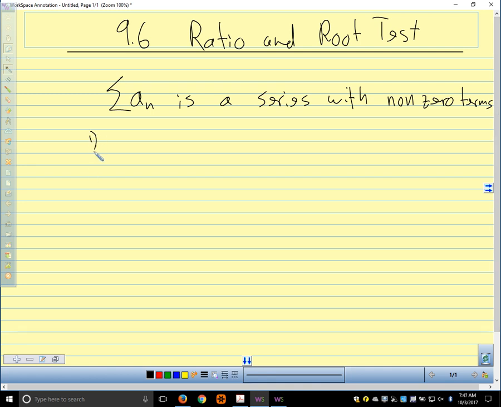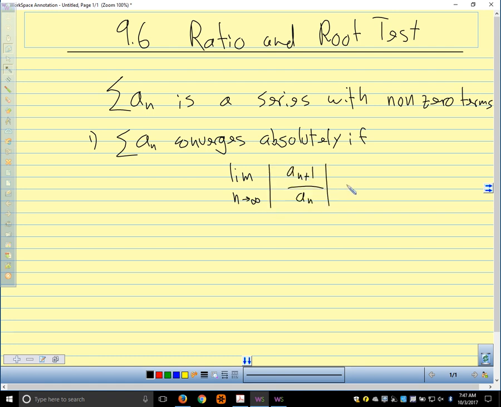We're going to have three things that happen here. This series is going to converge absolutely if the limit as n approaches infinity of a sub n plus 1 over a sub n is less than 1.